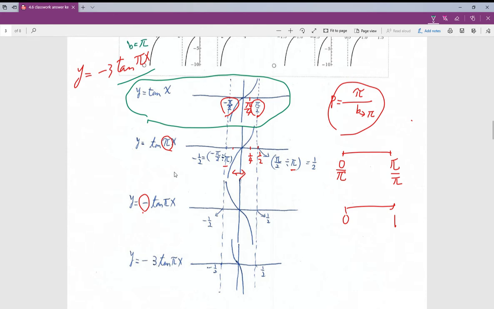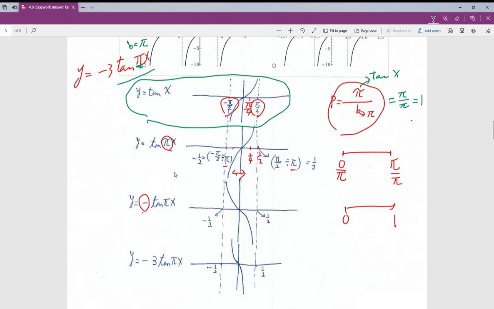So the period will be changed. The new period will be: original tangent x has a period pi, and because the new function has pi times x, you need to divide by pi. In the end, you have pi over pi equals 1.